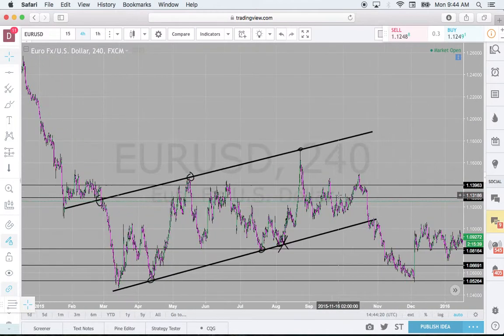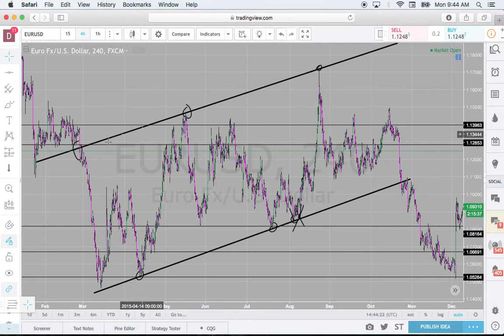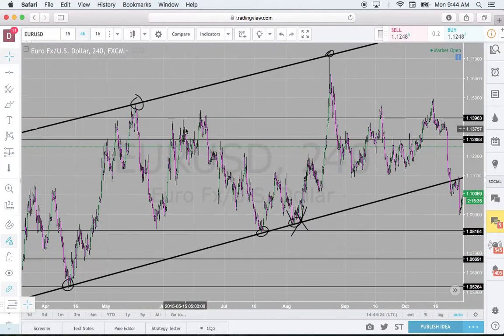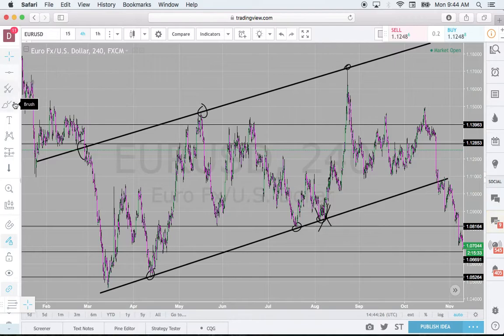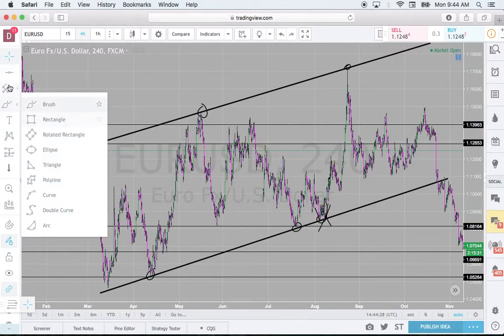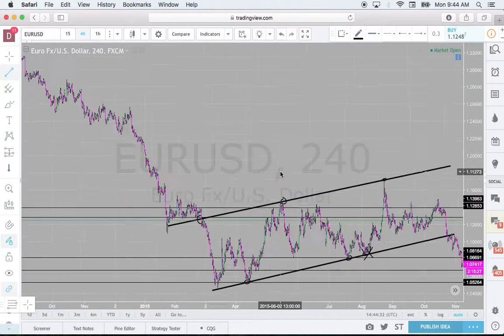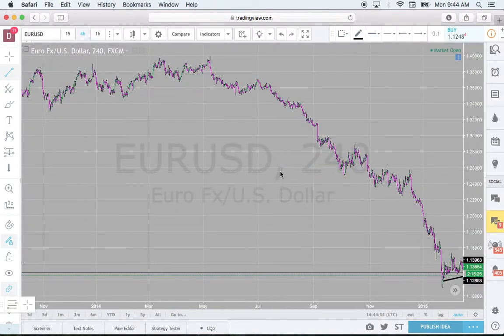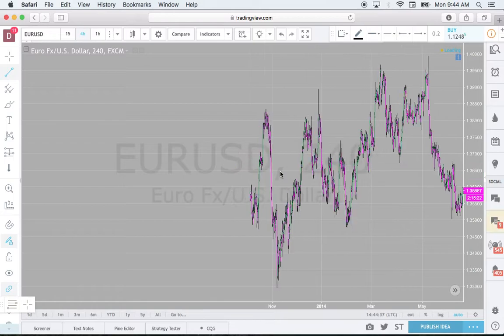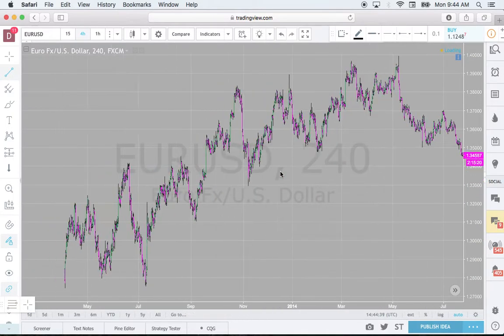So, now we've gone over support and resistance. Let's talk a little bit more about technical analysis, trading with trend lines. Here again, we can see somewhat of a good trend.